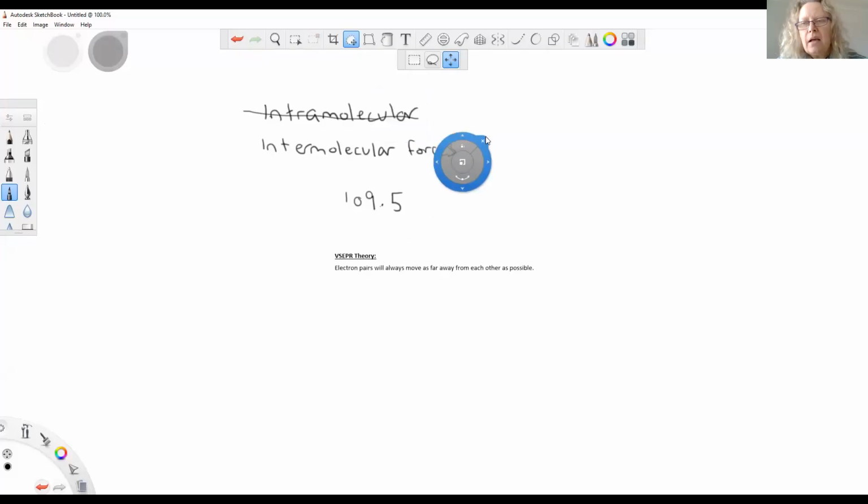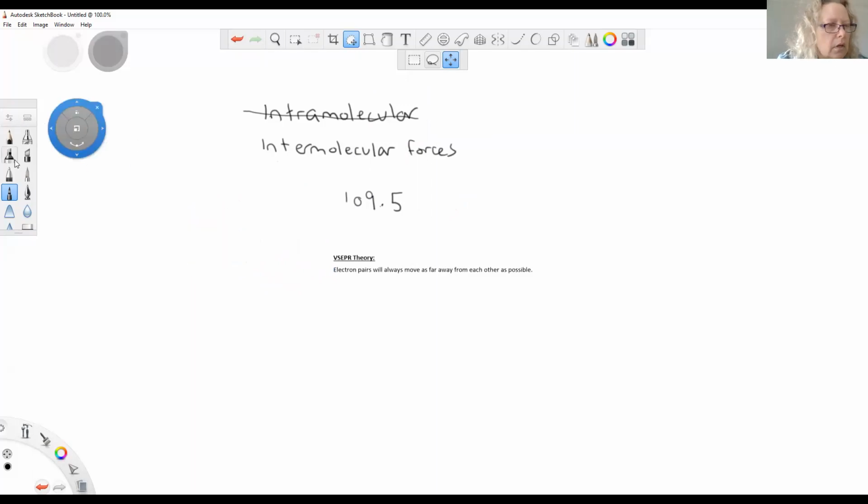So just write that down, this thing about the VSEPR theory. Electron pairs will always move as far away from each other as they possibly can. So that's valence shell electron pair repulsion. I can't write now, I've got a new page.